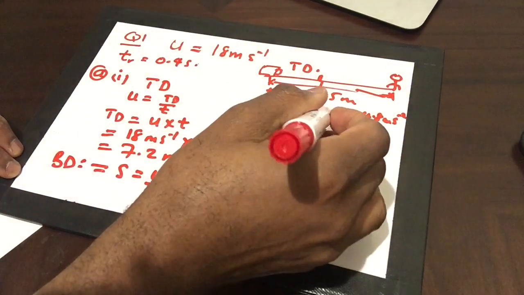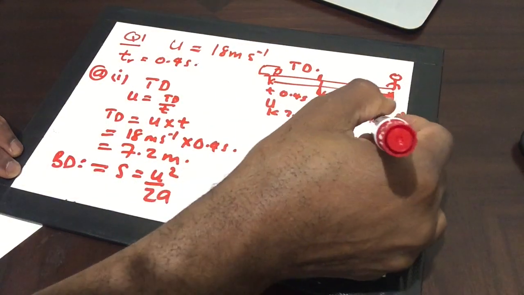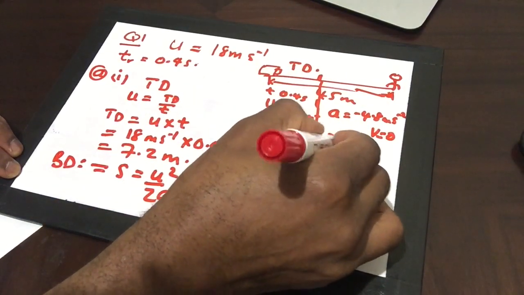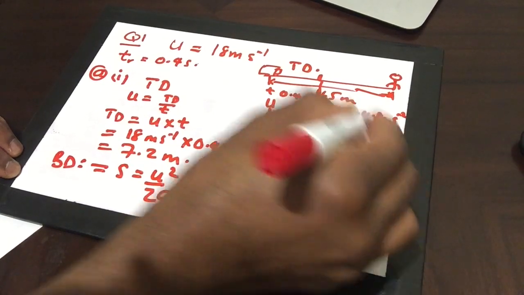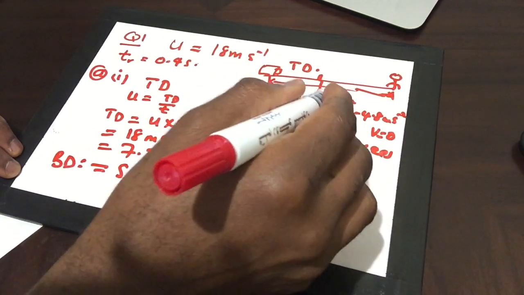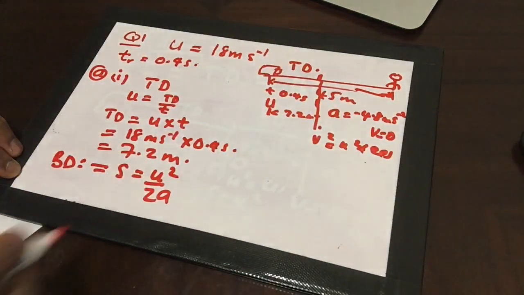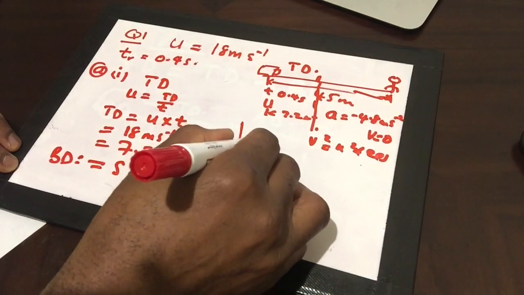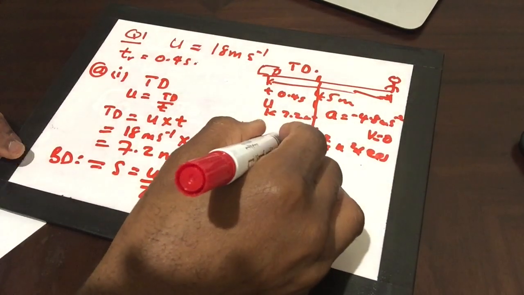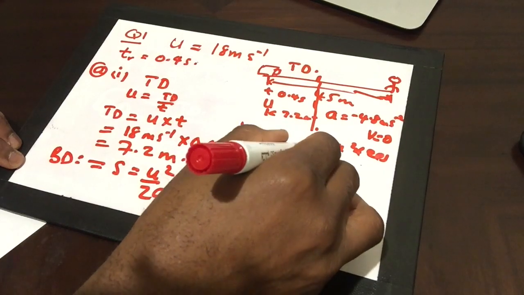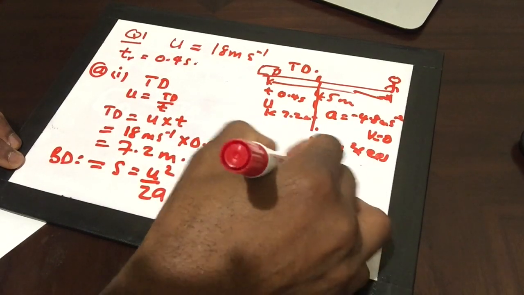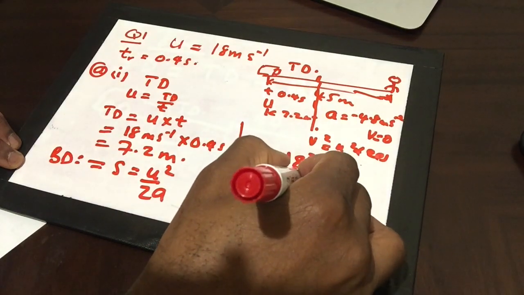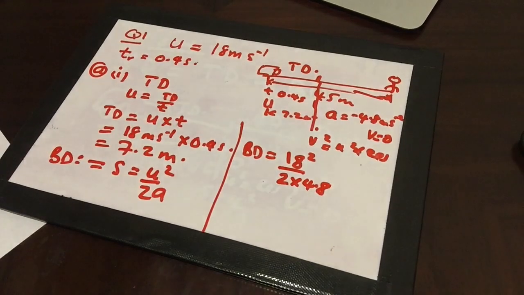Basically, we're saying that if u is the initial velocity, the final velocity when it stops will be 0, and therefore using v squared equals u squared plus 2as becomes 0 equals that, and then from there you can resolve this. Just to save time, our braking distance would then be 18 squared divided by 2 times 4.8, and that's it.